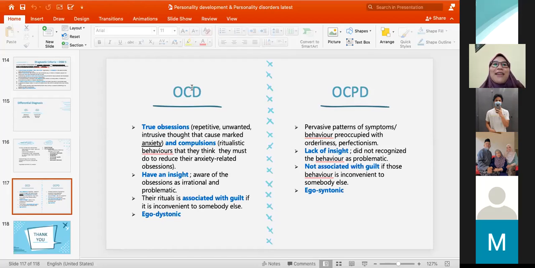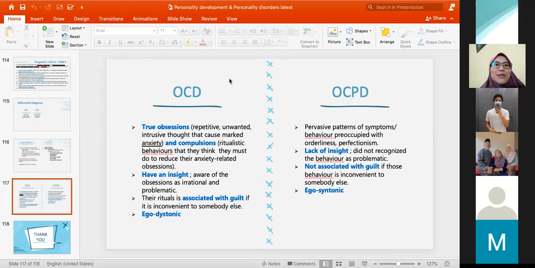Basically they have no insight that this is a disorder. It's something that they like. It's a part of them, and actually it's hard to change them. So we also involve family members in this therapy with OCPD patients, so that they move along the spectrum so as to accommodate the person, and then we also help the OCPD person move along the spectrum so that he can be less perfectionist.